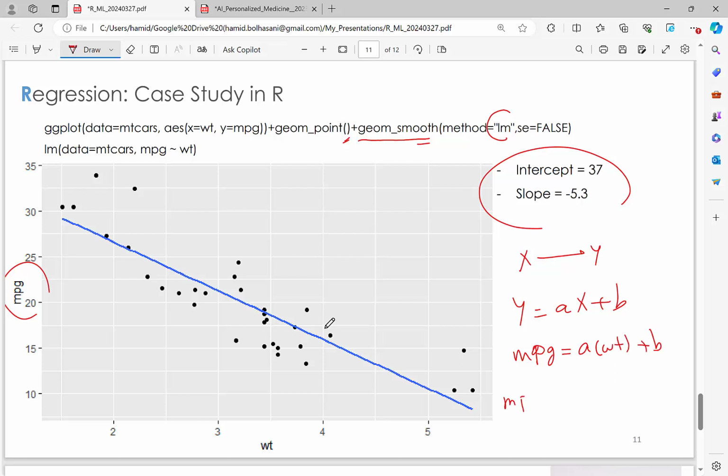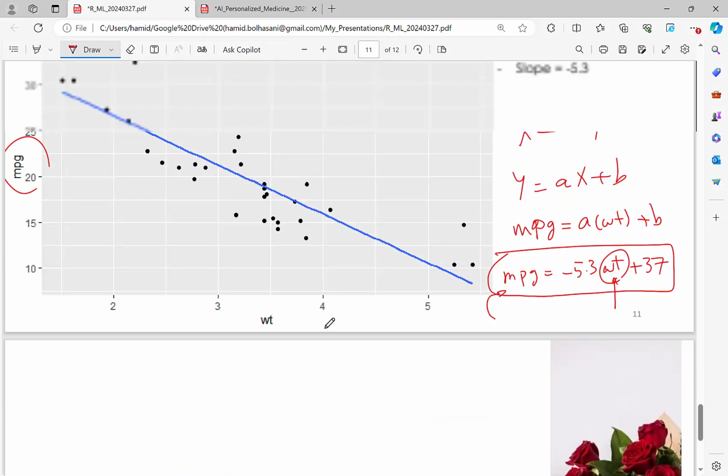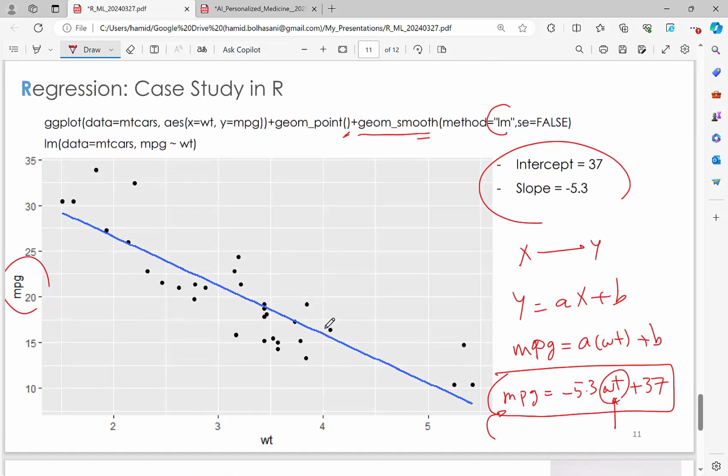So mpg here is minus 5.3 wt plus 37. So for any weight, you can predict miles per gallon. How can we find this intercept and slope? Just use lm, data equal to mtcars, miles per gallon based on weight.